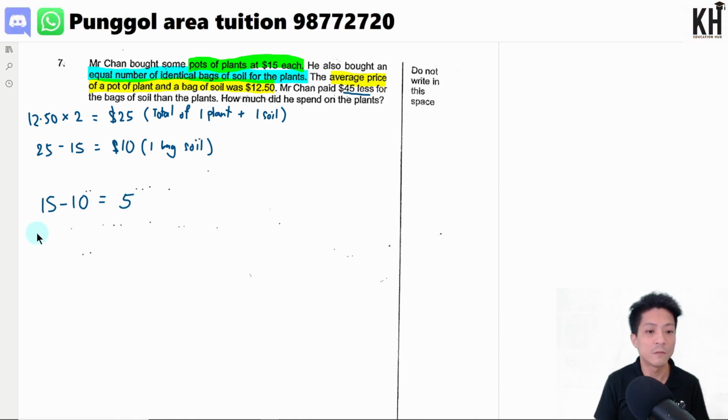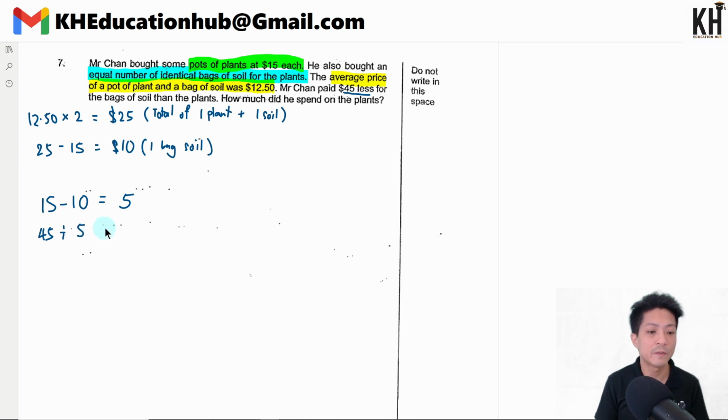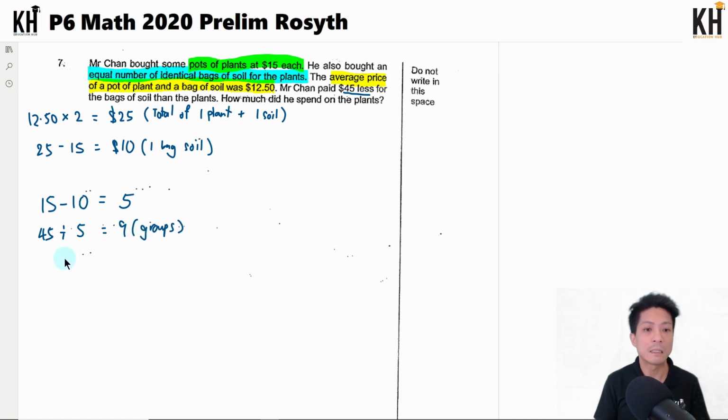So this is the difference of 1. And then I'm gonna use 45 divided by 5, which will give me 9. 9 groups, which basically means that there's 9 pots of plants and 9 bags of soil.